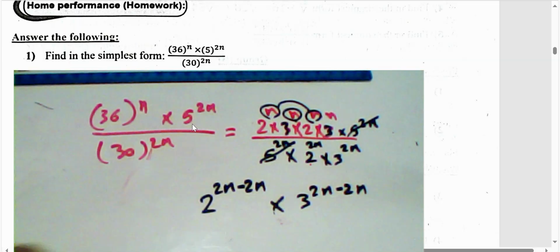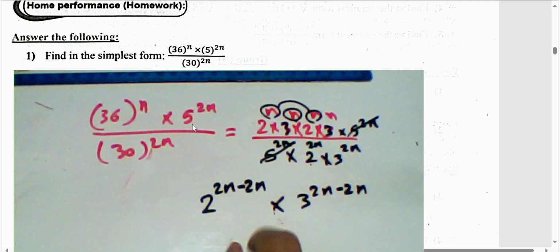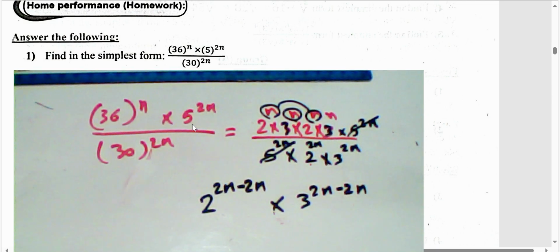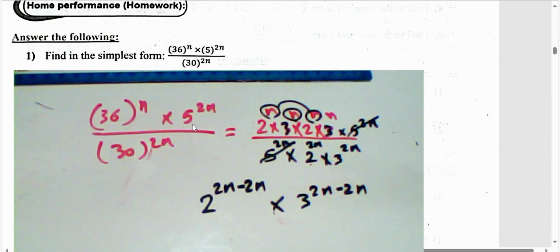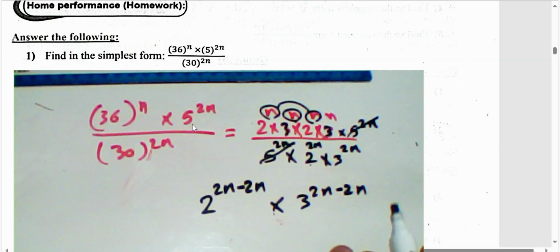So we have two rules. If we multiply two bases, we must add the two powers, and if we want to divide two similar bases, you must find the difference between the two powers.